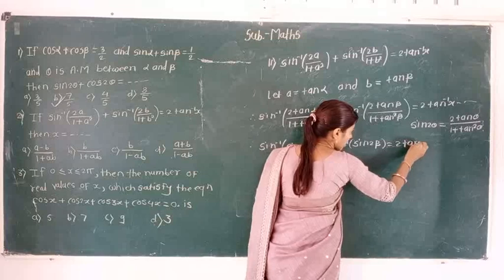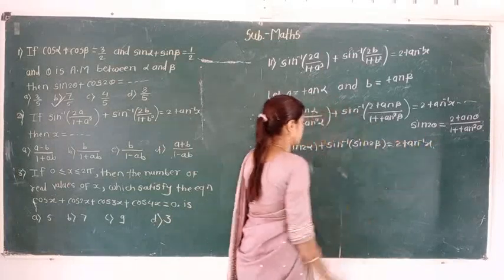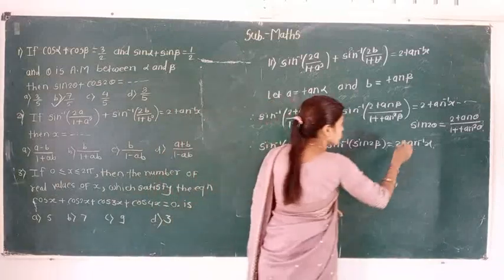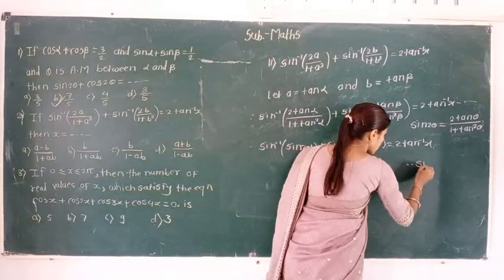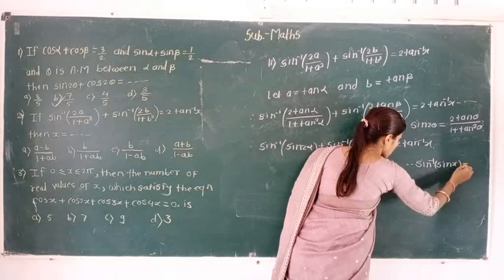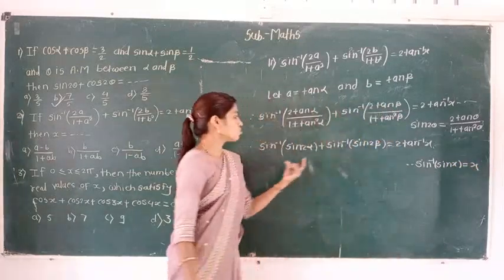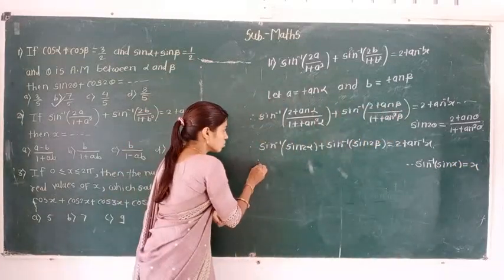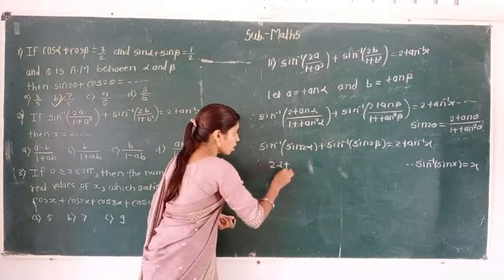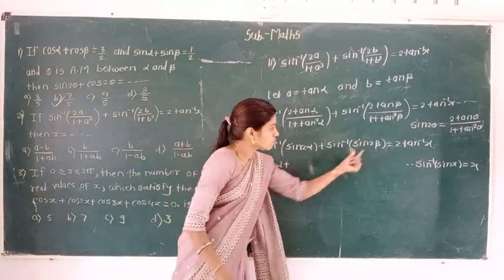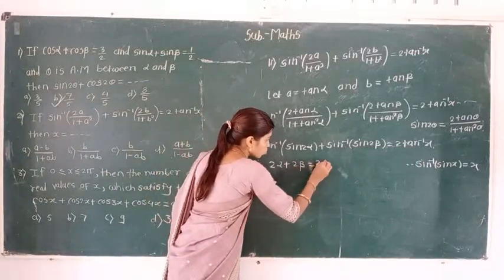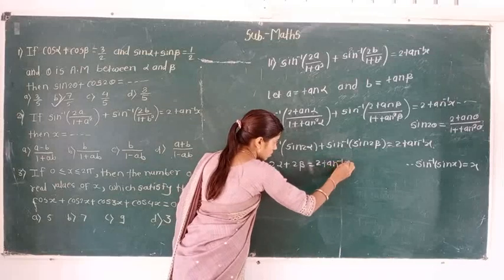So we can write sin inverse of sin 2 alpha plus sin inverse of sin 2 beta is equal to 2 tan inverse x. So also use the property, we know that sin inverse of sin x we can write x. So use this property, in that case sin inverse of sin 2 alpha is 2 alpha plus sin inverse of sin 2 beta is 2 beta is equal to 2 tan inverse x.